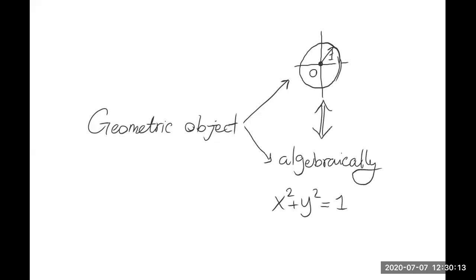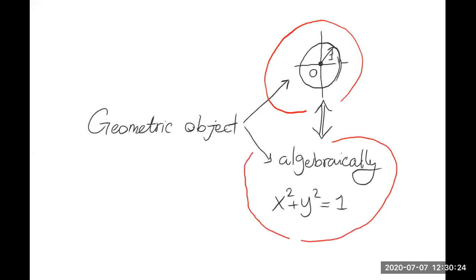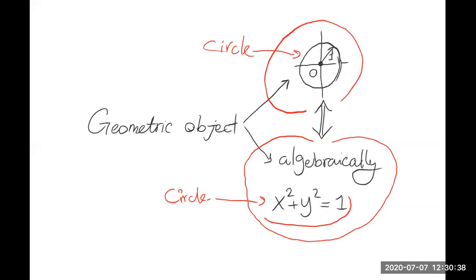Some people are better at thinking more intuitively and more geometrically. Some people are better thinking using the algebraic equations. So this is a circle. This is also a circle. Although we can't see it, if you look at this equation, you can imagine the circle in your mind, right?